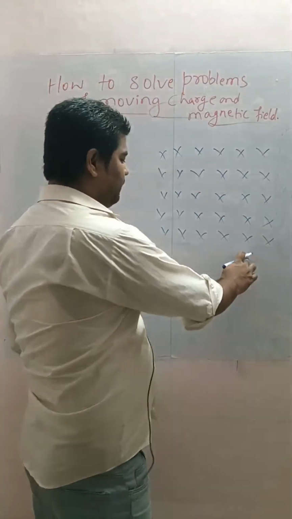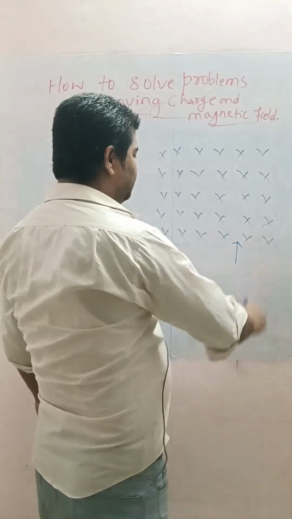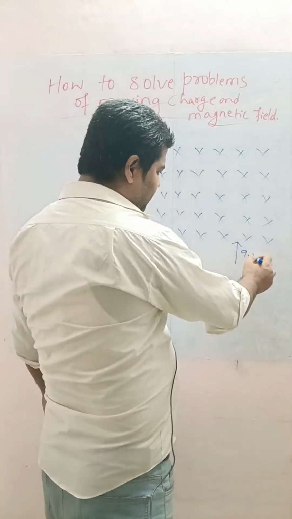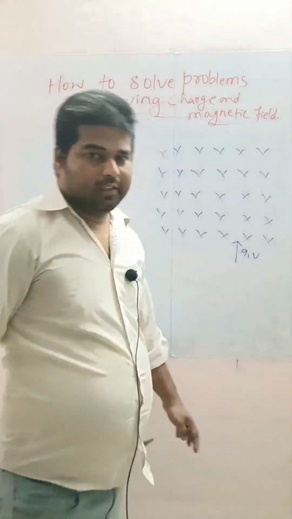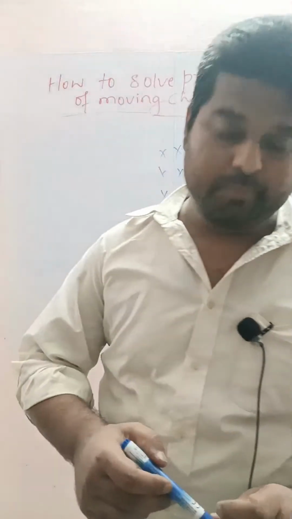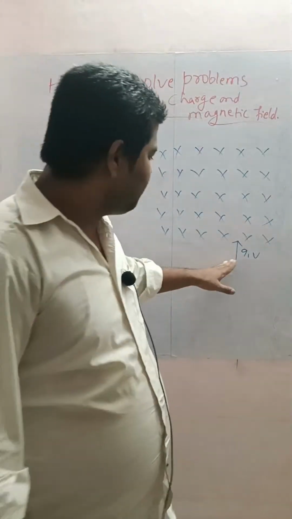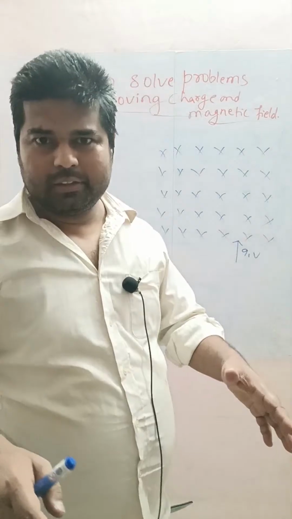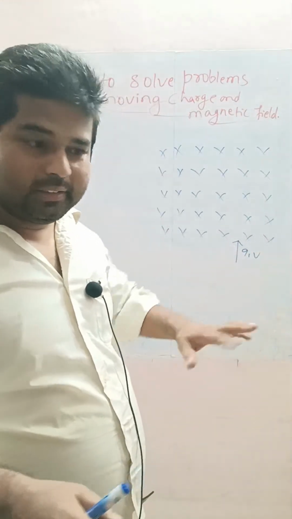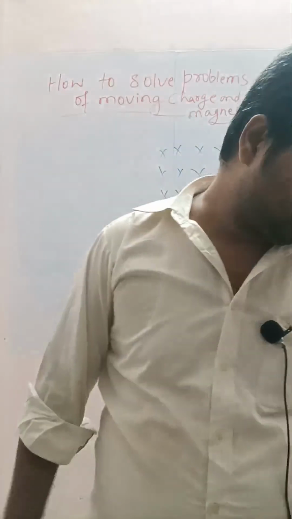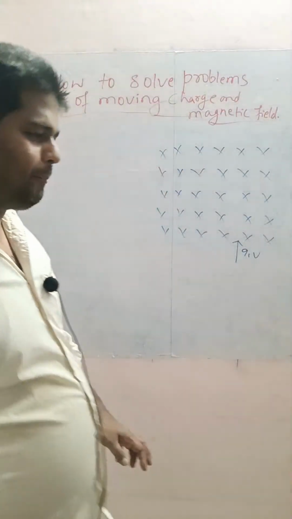See here. If a charge is entering this at 90 degrees, I already discussed the concept, but now I'm going to explain this. This time the charge is not entering at 90 degrees. It is entering at some other angle.